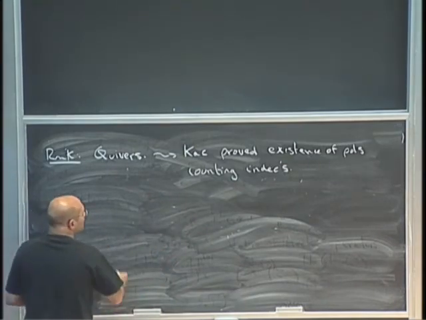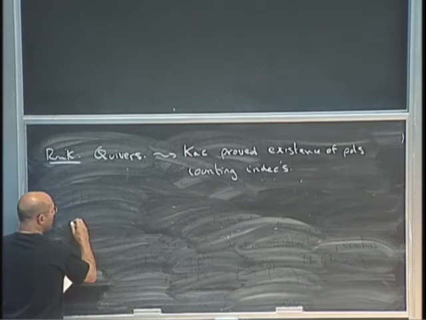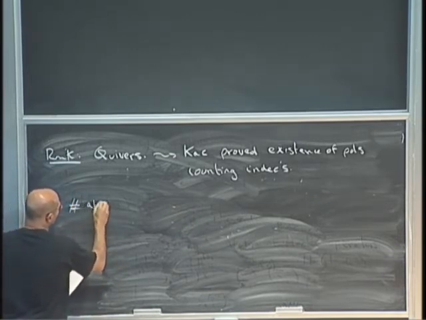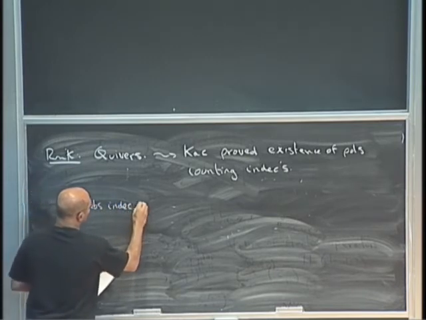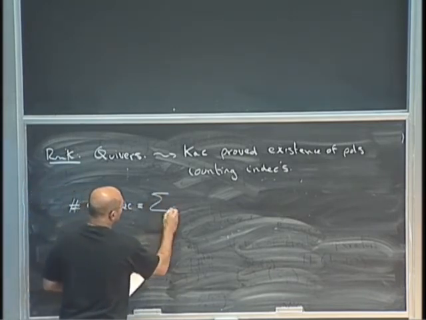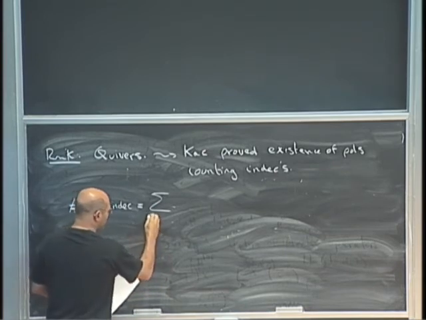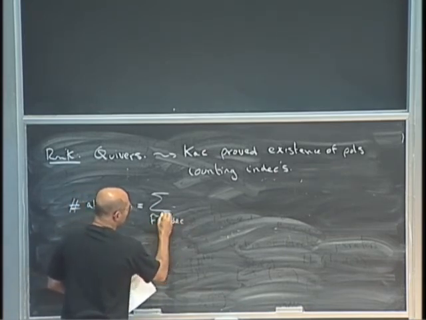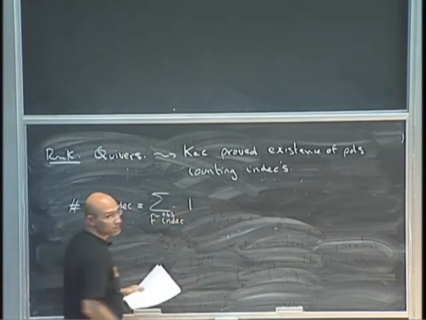But from another point of view, it's a bit strange, because it's seemingly a strange question to count indecomposables, because the number of, say, absolutely indecomposables would be the sum over all absolutely indecomposable of 1.